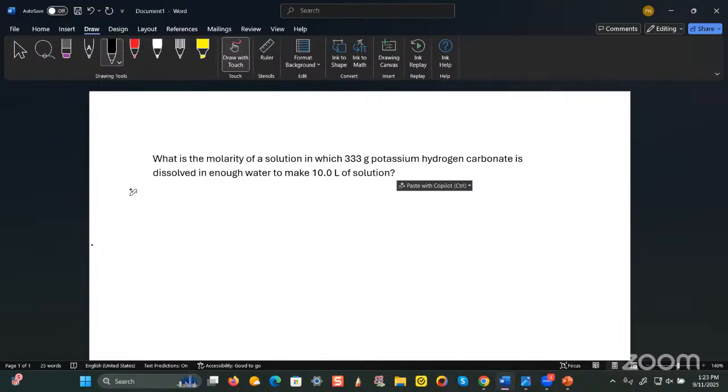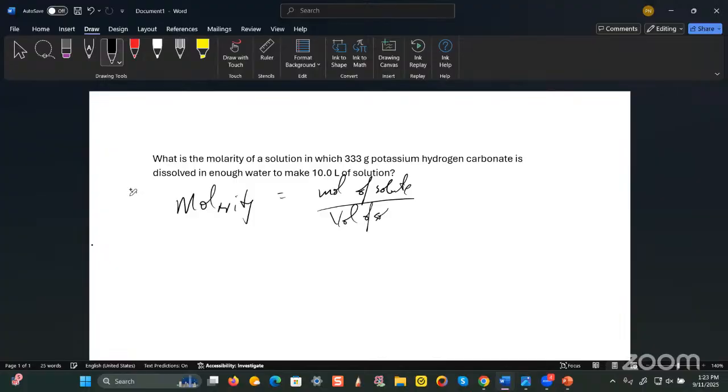Now remember, molarity, which is what the question is asking for, is equal to moles of solute divided by volume of solution in liters. All right? So, how would we, in this case, determine the molarity?